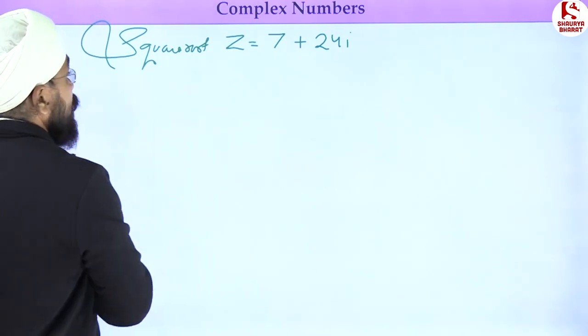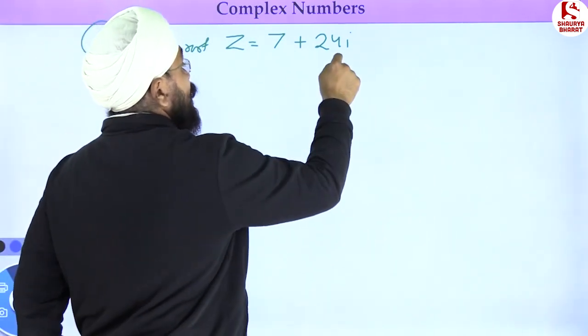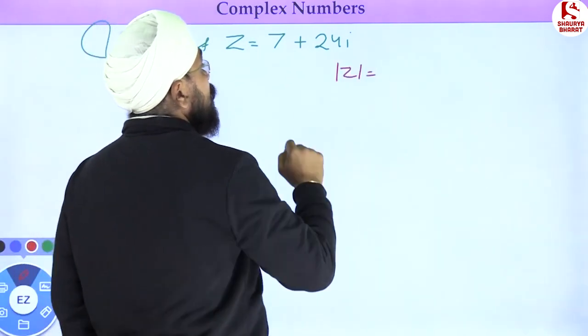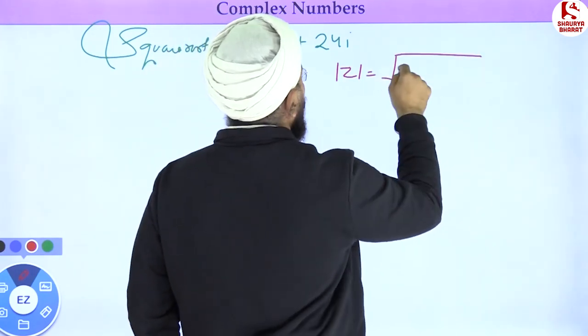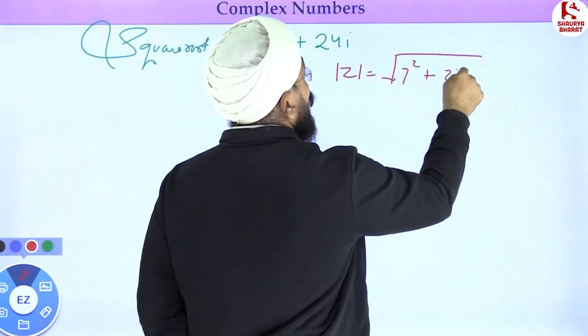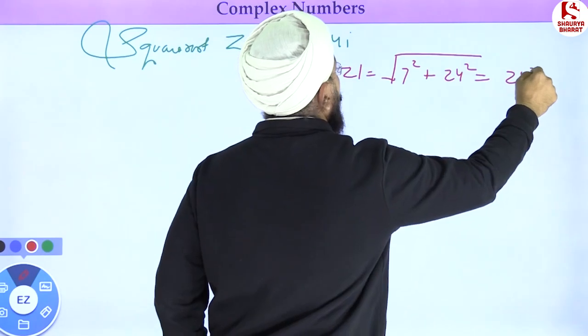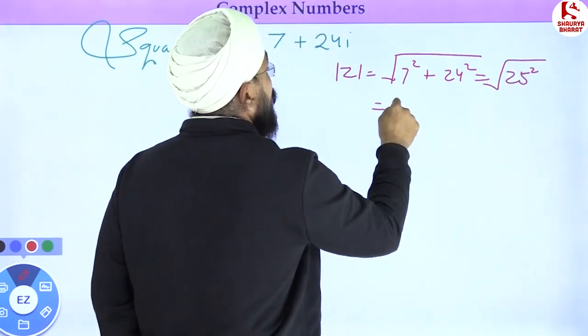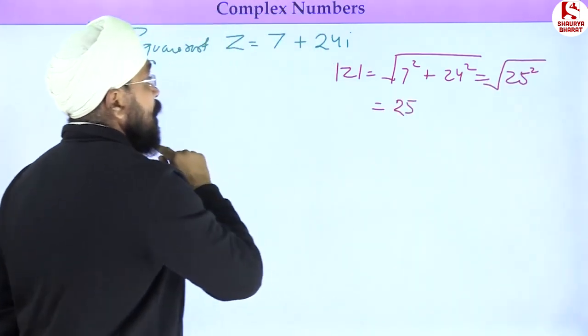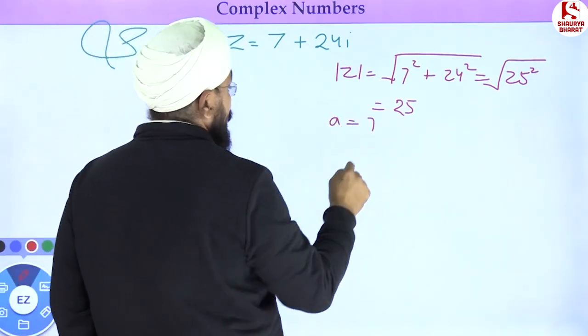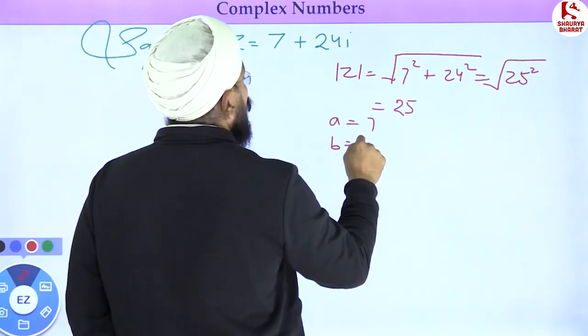First I will find the magnitude, which is equal to root of 7 square plus 24 square. Definitely this is root of 25 square, so we are having only 25, and here a is 7 and b is 24.